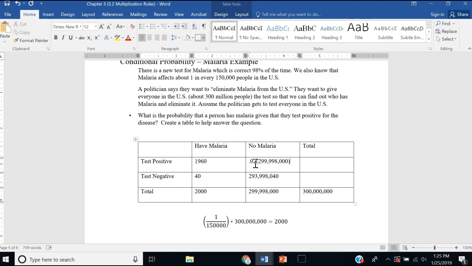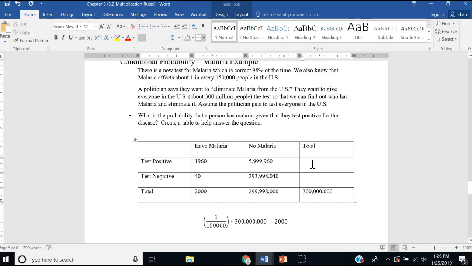And what you get in this case is that 2% of almost 300 million people turns out to be a lot of people. It turns out to be about 5,999,960. Now, that is a big, big group who test positive but don't actually have the disease, right?